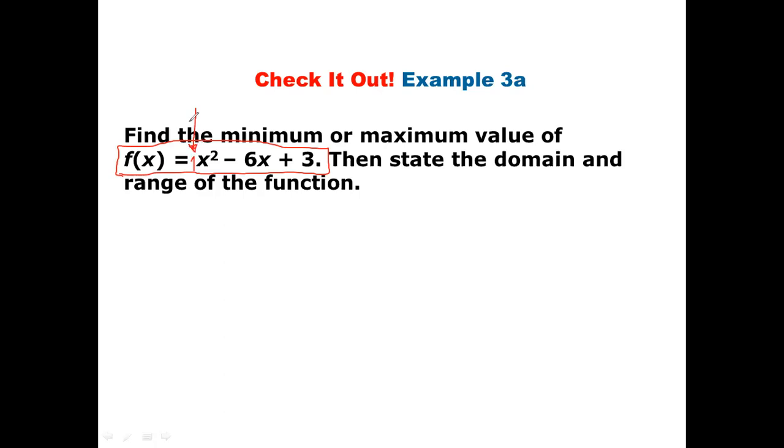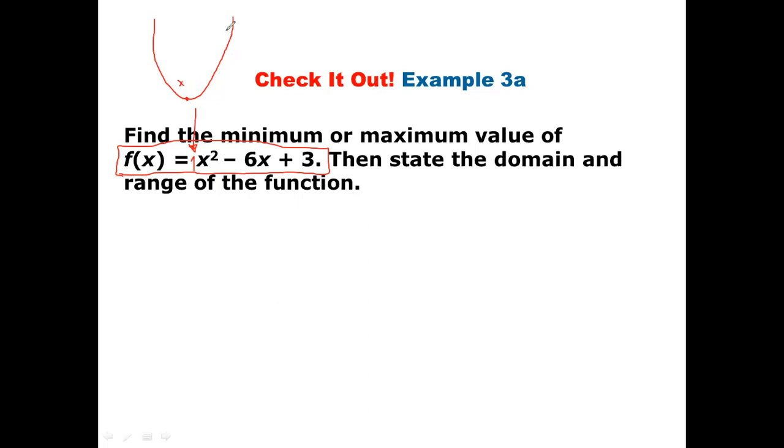So if that coefficient is positive, then our parabola will open upward. So we will get the minimum value of the x and the y intercept. Again, the maximum is for a negative coefficient of x squared, and the minimum here is for a positive coefficient of x squared.